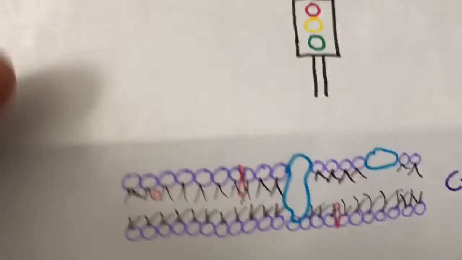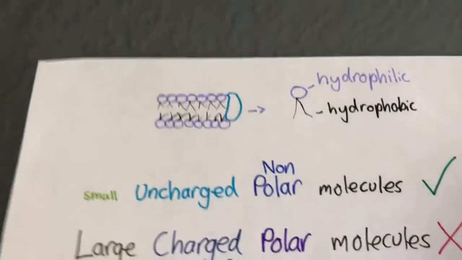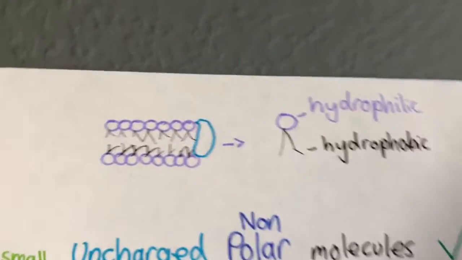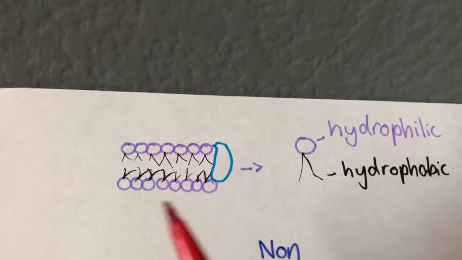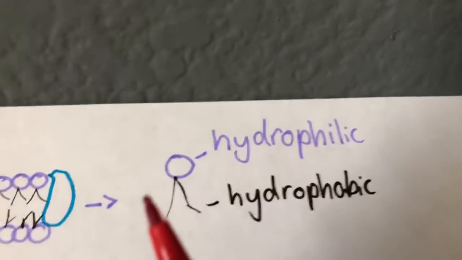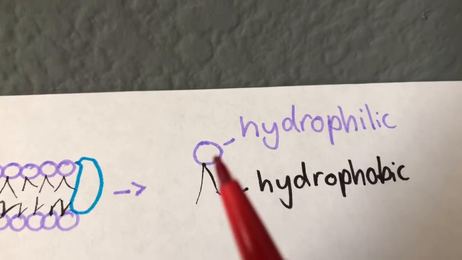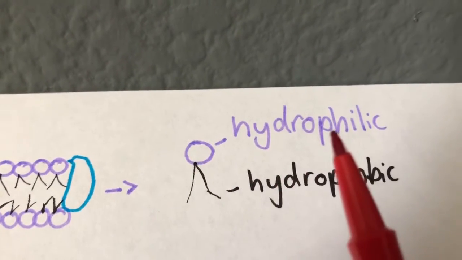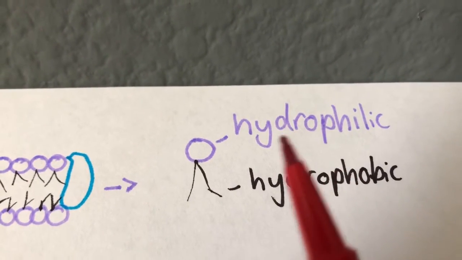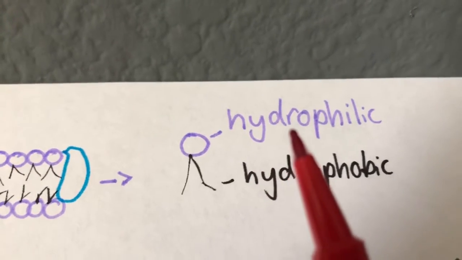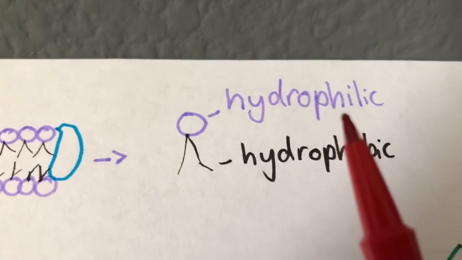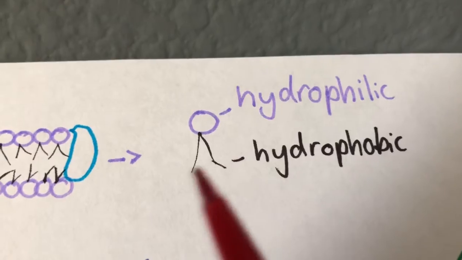So how does the cell direct traffic, and what are those phospholipids? If we're taking a look here, these phospholipids are right here. These phospholipids have a phosphate head, which is hydrophilic. So that means that they are water-loving. They like water, so they orient themselves toward water.